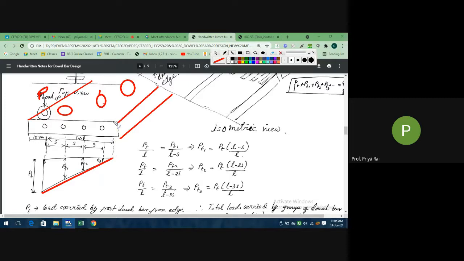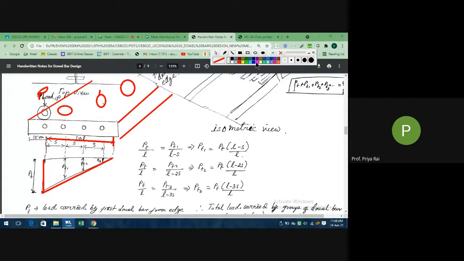Now the load transferred becomes 0 at a distance of L from the center of the first dowel bar at the edge. What is that distance? That is the radius of relative stiffness, 1 times the radius of relative stiffness, that is L. The load transferred by the first dowel bar is PT.